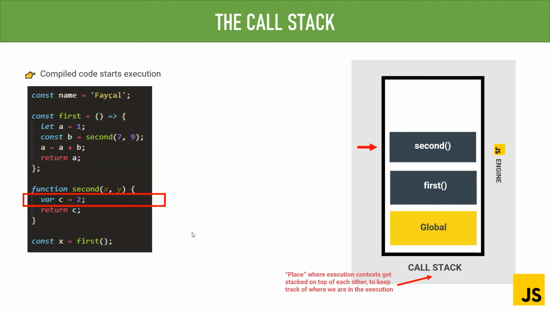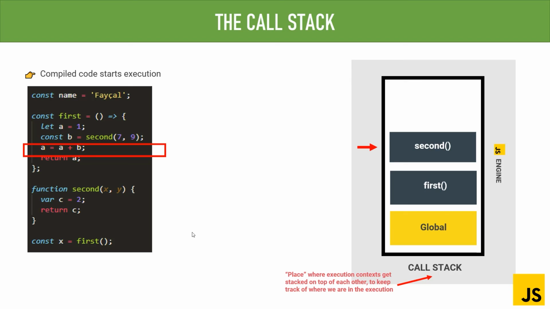Now, moving to the next line, we have a return statement, meaning that the function finished its execution. So what does that mean for the call stack? Well, it basically means that the function's execution context will be popped off the stack, okay, and disappear from the computer memory.